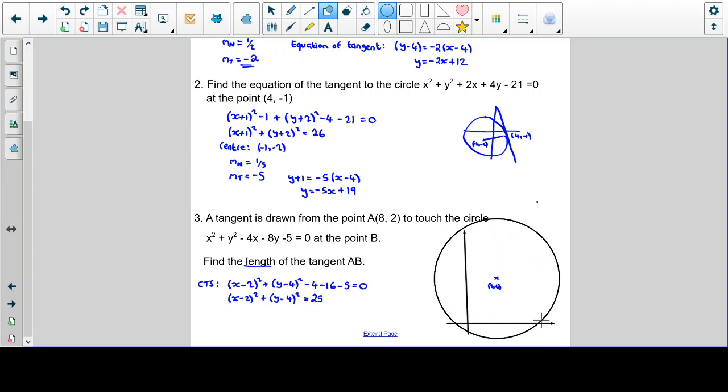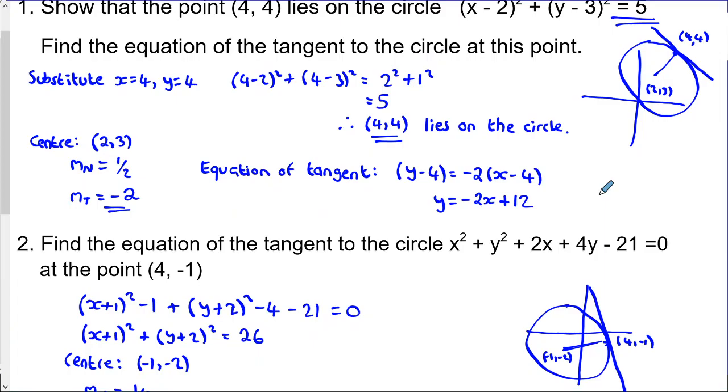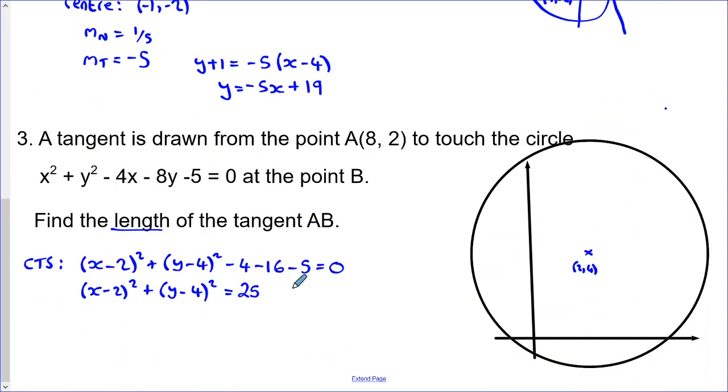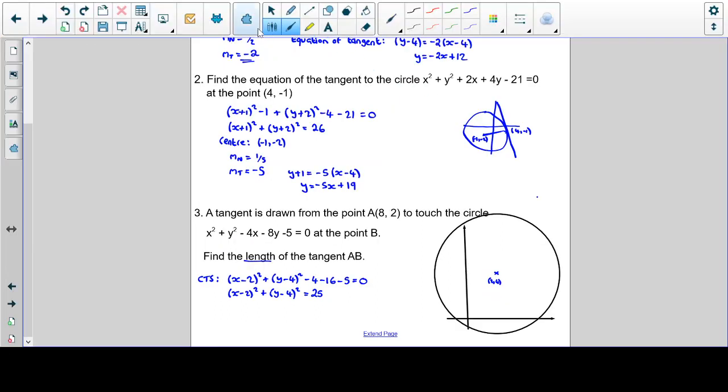So it's going to be something like that. Radius is 5. I've run out of space to show where it is. Bear with me.